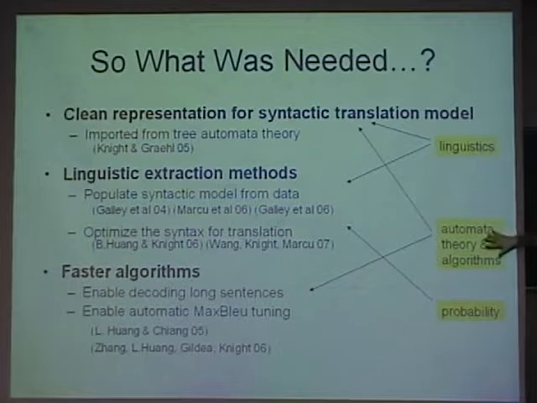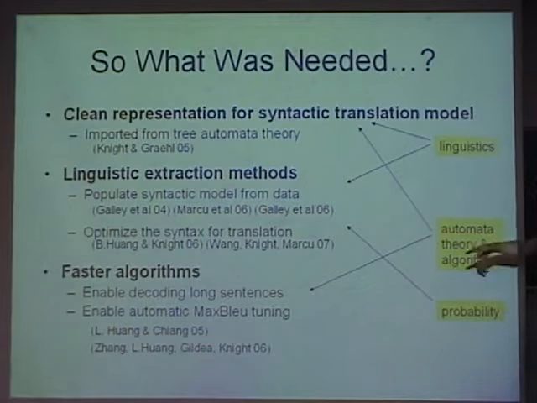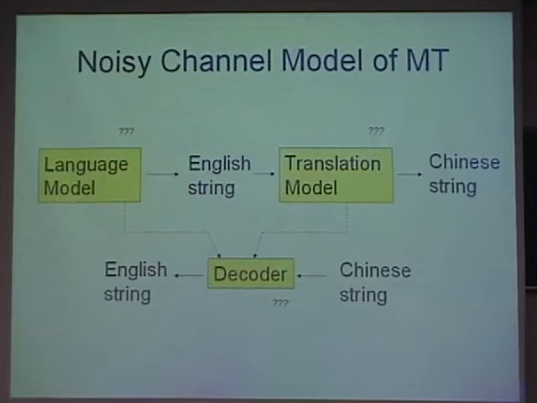We found a model from automata theory that matched the linguistic facts pretty well, and that was a marriage of these two things to get that to work. Then we have to extract linguistically plausible rules with good probabilities, and then we need faster algorithms. So I'll describe other things that have gone on in these areas that are some of the key ideas.